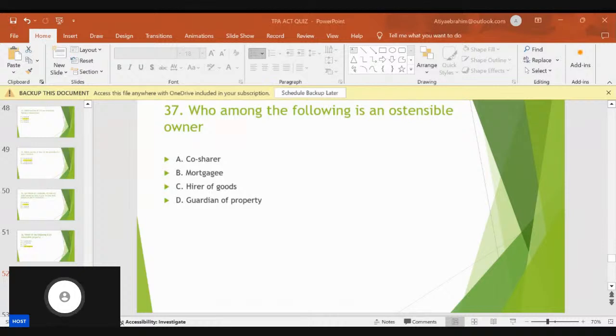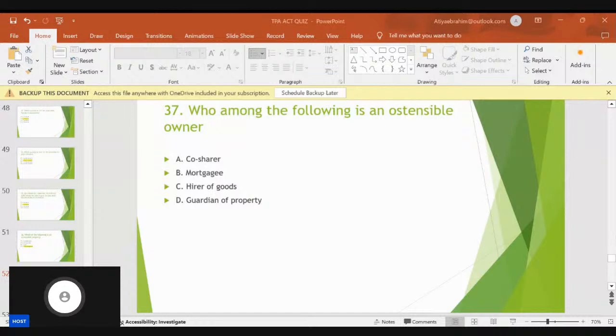And what do you think? Guardian of property. चलो mortgagee तो नहीं है, hirer of goods भी नहीं है, right? But who can be an ostensible owner? Guardian of property, right? You are saying guardian of property. And what about co-sharer? What do you think about co-sharer?